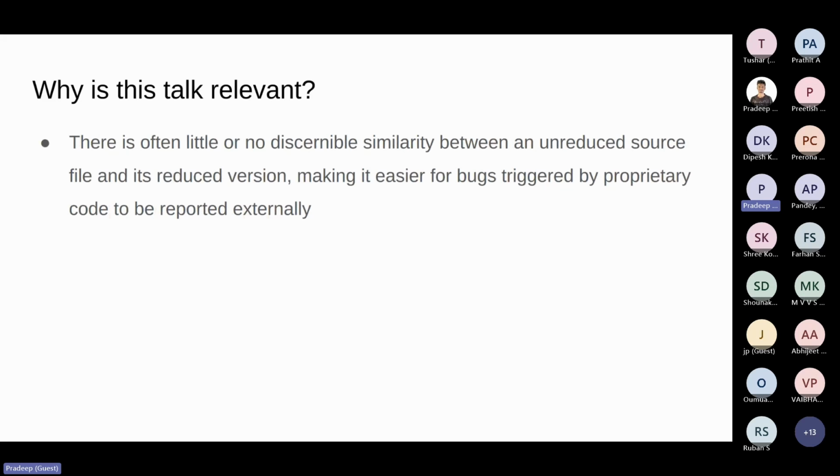And there is often little or no discernible similarity between the unreduced source file and its reduced version, making it easier for bugs triggered by proprietary code to be reported externally. So if you have a code base that has your IP, but you still want to contribute that code or file a bug against the LLVM project, let's say you're a user of LLVM and you want to share code that's proprietary, like code in your proprietary test suite, you can produce a reduced version of the test case that can be triaged by folks in the community.